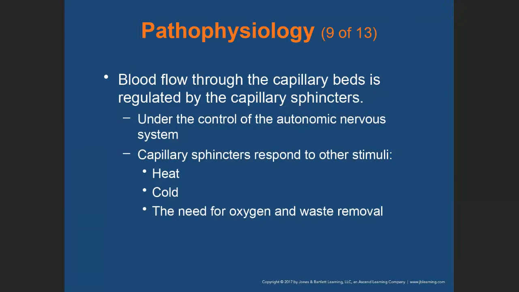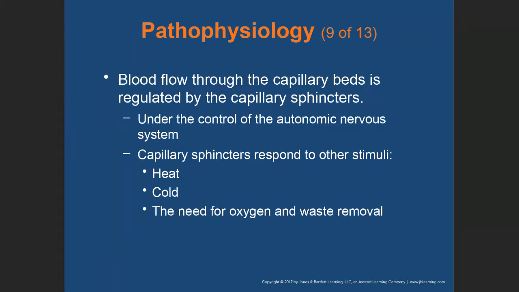Blood flow through the capillary beds is regulated by the capillary sphincters, and these are muscles that control the diameter of the blood vessels. And we went through this when we covered circulation, that the blood pressure within the body fluctuates based on the activities that we are carrying out, and the blood vessels will constrict or dilate depending on the activity.